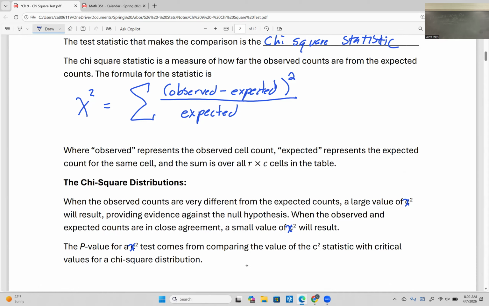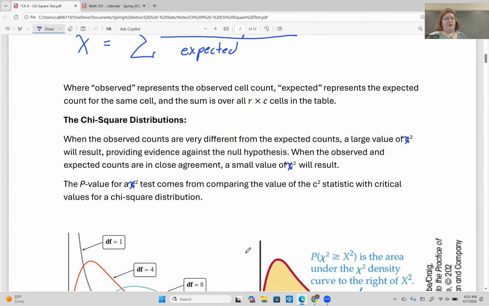We first said our null hypothesis is that in the Titanic example, whether they were first class or second class or third class didn't affect whether they survived or didn't survive. If the counts are much different than what is expected, this is evidence against our null hypothesis. So when the observed and expected counts are in close agreement, the observed minus expected is really small.